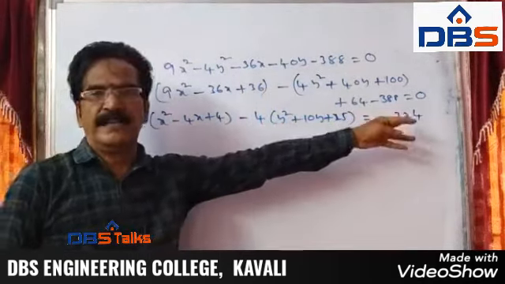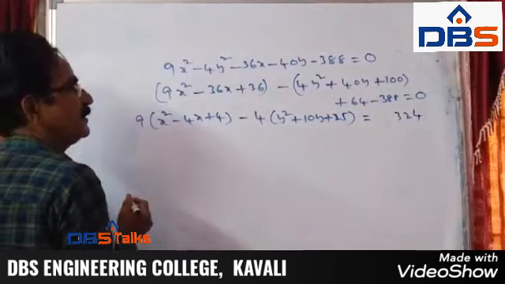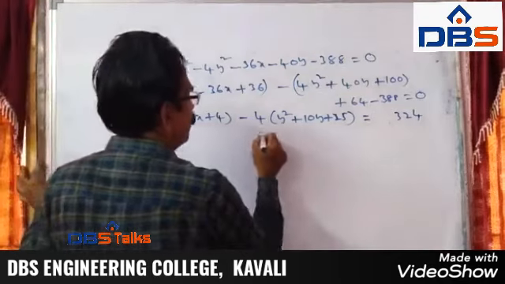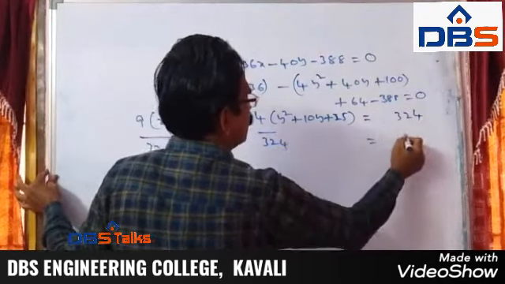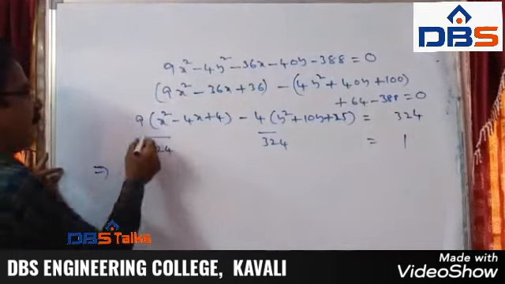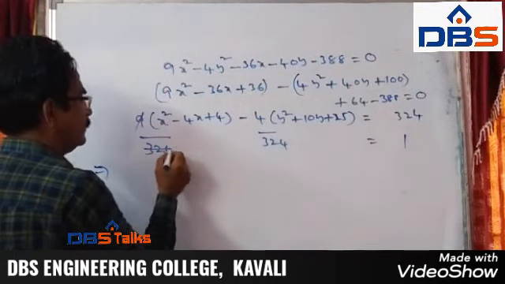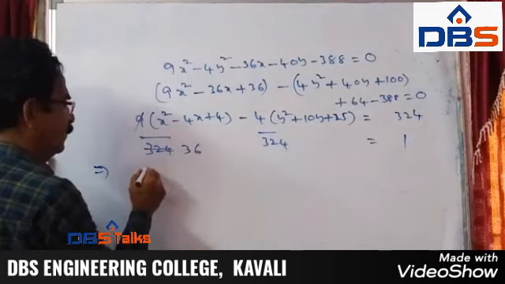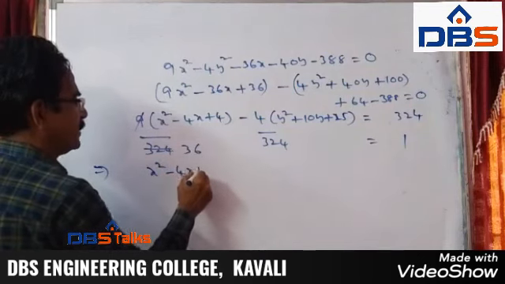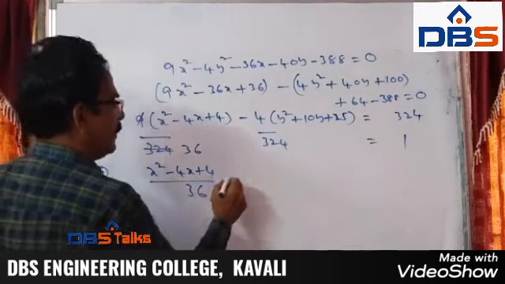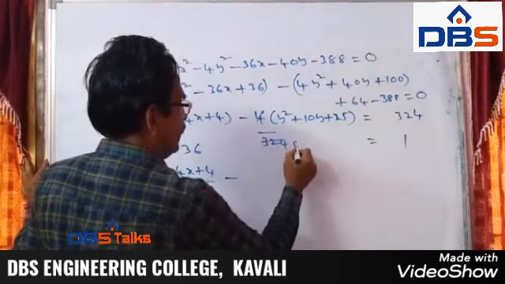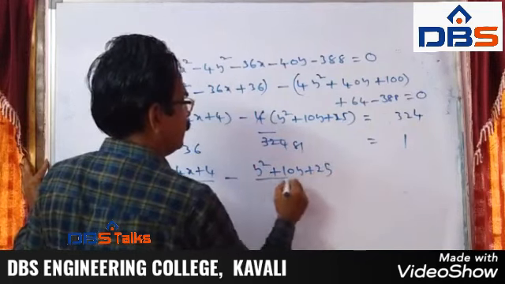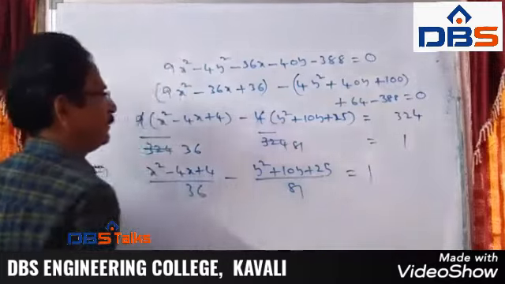Now let us divide the entire equation by 324. So 9 by 324, 4 by 324 is equal to 1. 9 times 36 is 324, and 4 times 81 is 324. So x square minus 4x plus 4 by 36 minus y square plus 10y plus 25 by 81 is equal to 1.